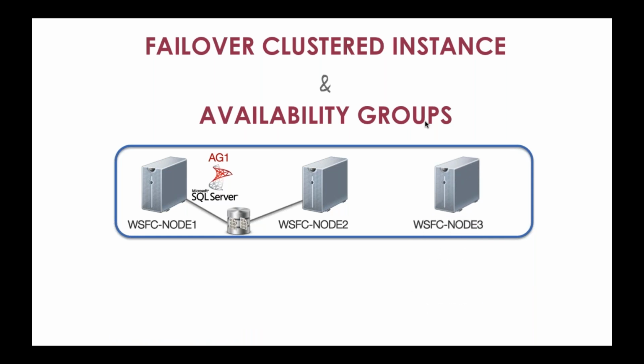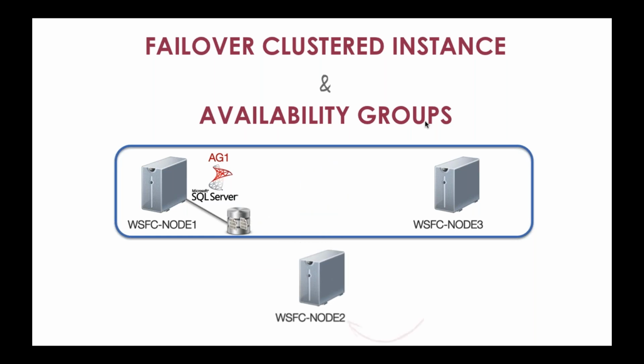Now here's the thing. I've only upgraded one node of the Windows Server failover cluster. One replica, and keep in mind, nodes 1 and 2 are considered to be just one replica in terms of the availability group. So what do I do? At this point, I'm going to upgrade node 2.